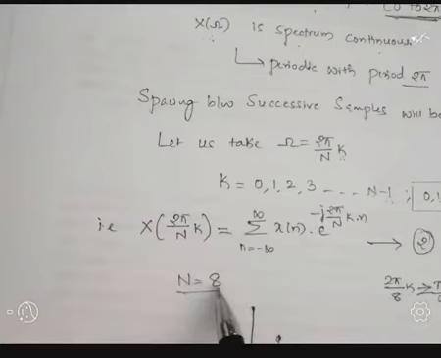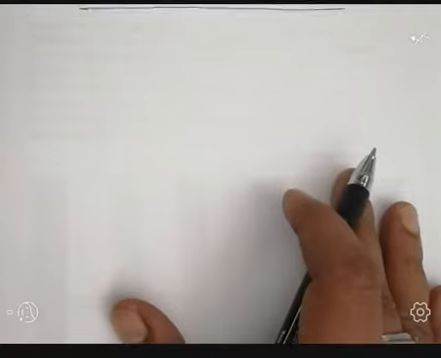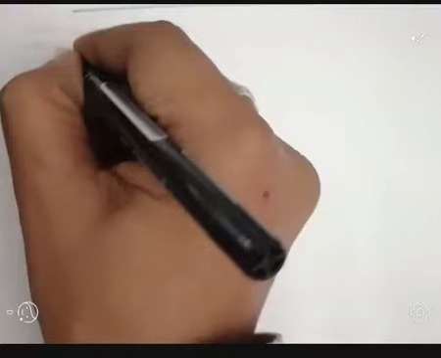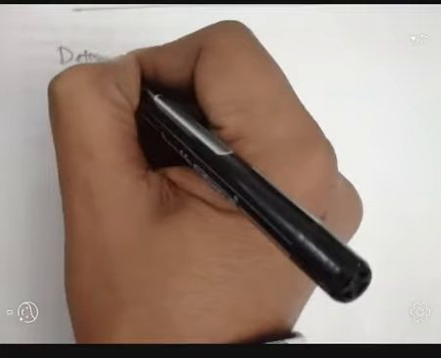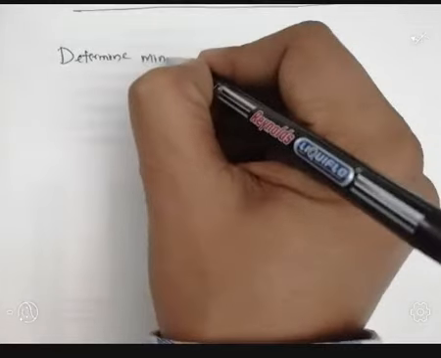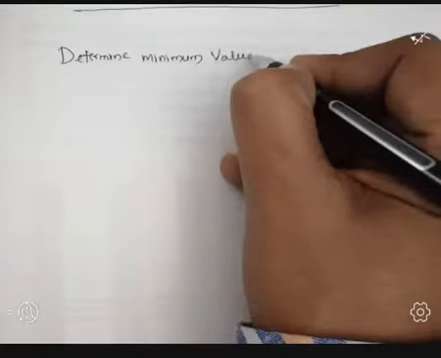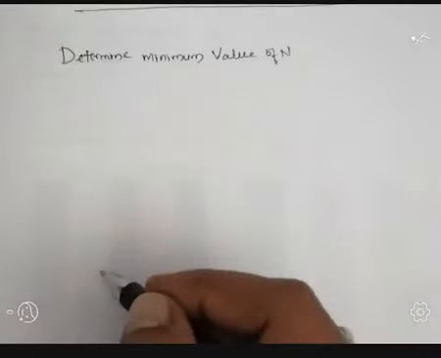We discussed this with an example of 8, but practically speaking we have to calculate what the value of N will be. So the next step is to determine the minimum value of N. How to determine? Say in equation 2.